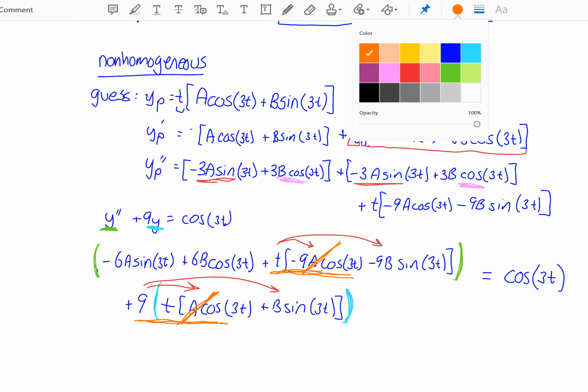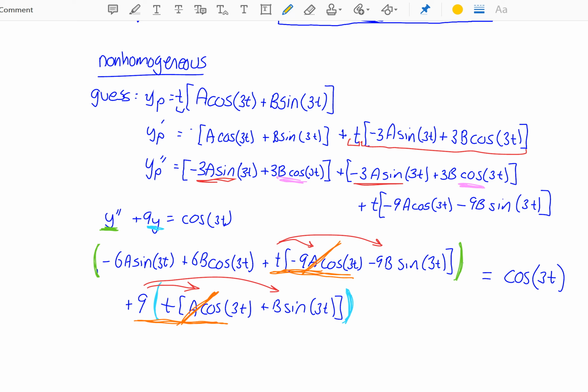Similarly, when you distribute the t to the second one over here, this will be negative 9bt cosine of 3t, and when you distribute the 9 over here, this will be a 9bt sine of 3t. These being opposite in sign, these will cancel.